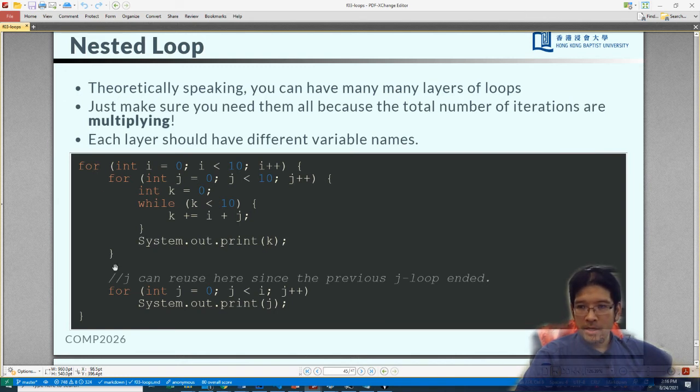So here, where the pointer is pointing, it is not using the value J, and that's why this J value can be reused here. Of course, we can replace the J here by K, as K is not being used in the middle layers as well. So you can definitely use J or K here to reuse your variable names.